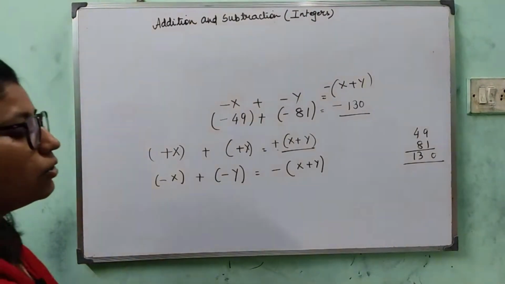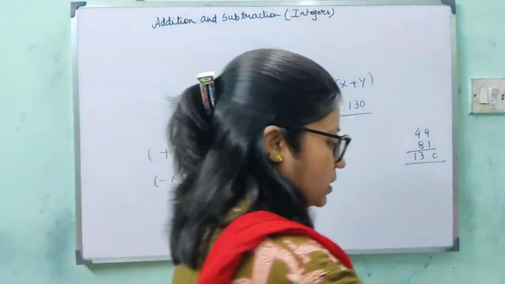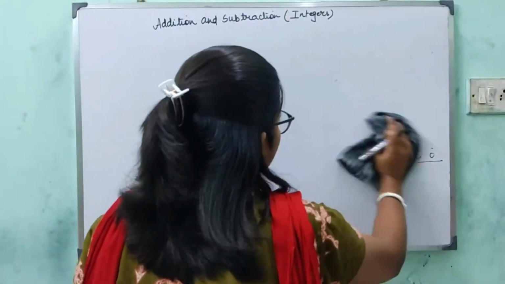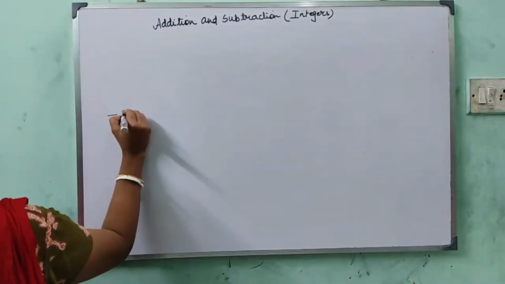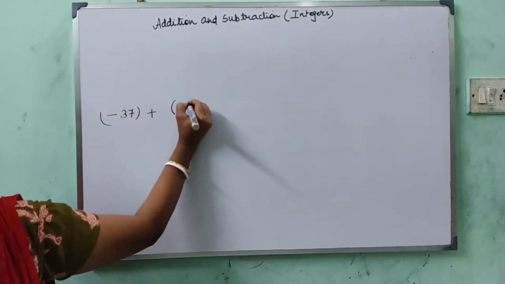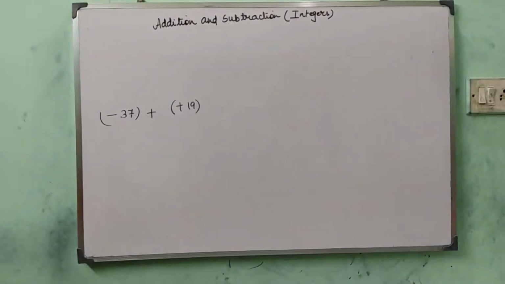So this was all about adding two positive integers or two negative integers. Now what about when we add a positive integer and a negative integer? Let's see. Say I tell you to add minus 37 and plus 19.